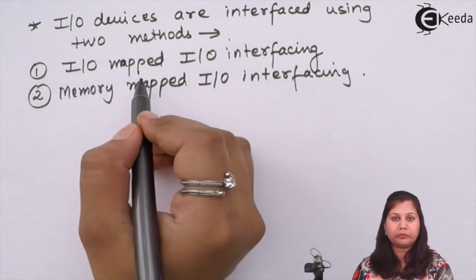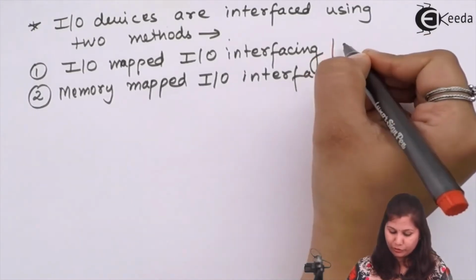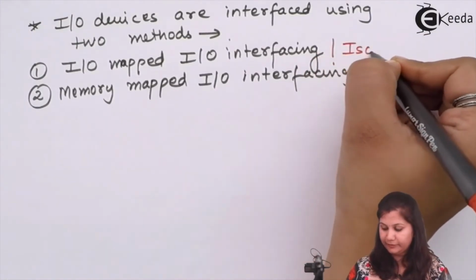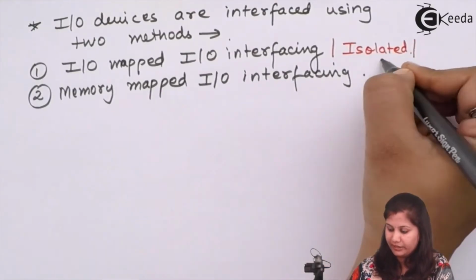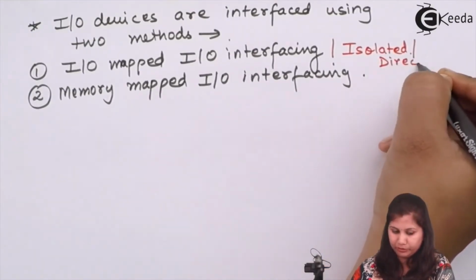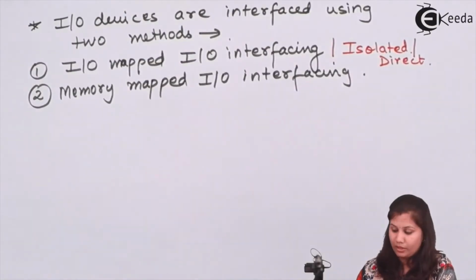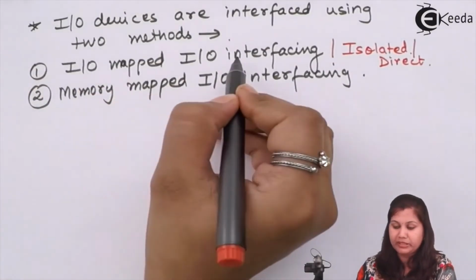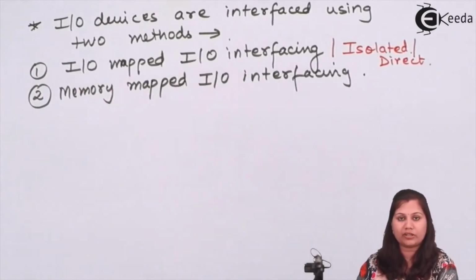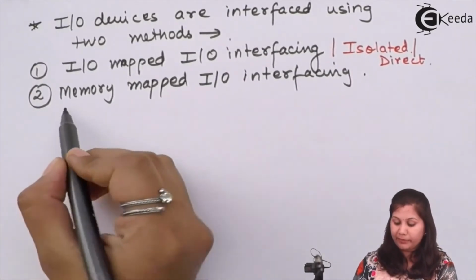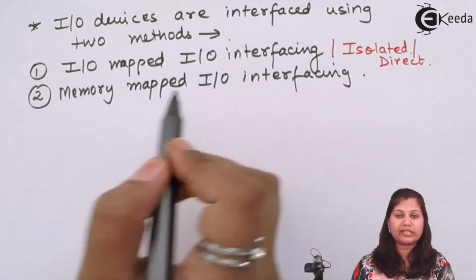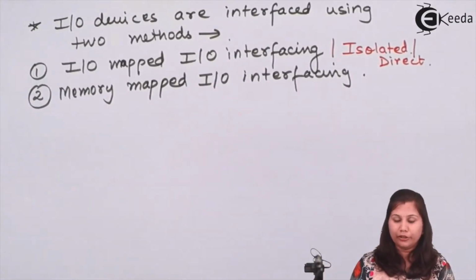Input output mapped interfacing is also known as isolated, or direct input output. In this interfacing, the in and out instructions which we have discussed earlier are used, whereas in memory mapped input output interfacing, the memory instructions are used.